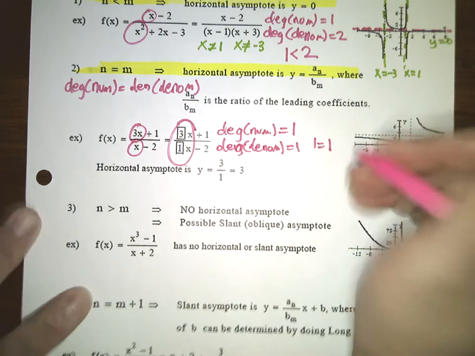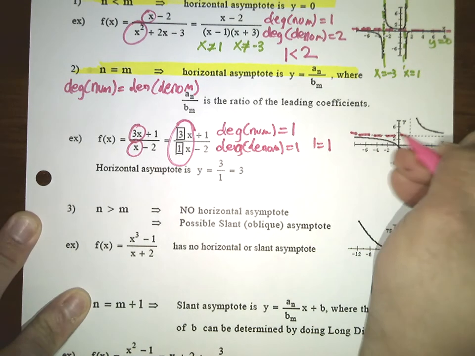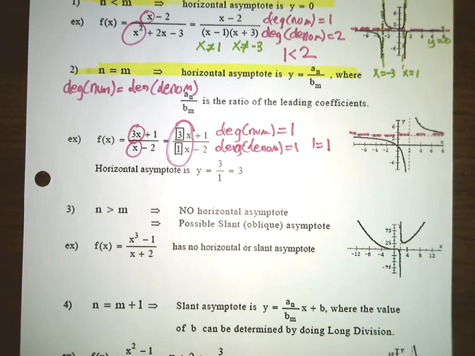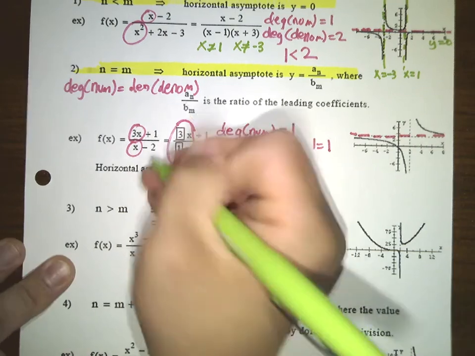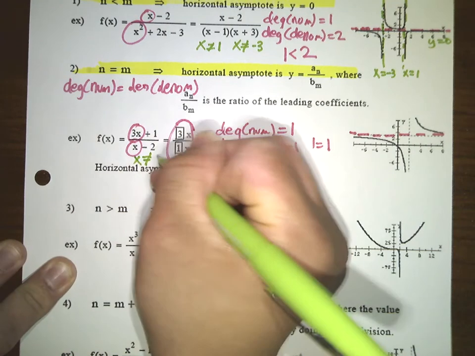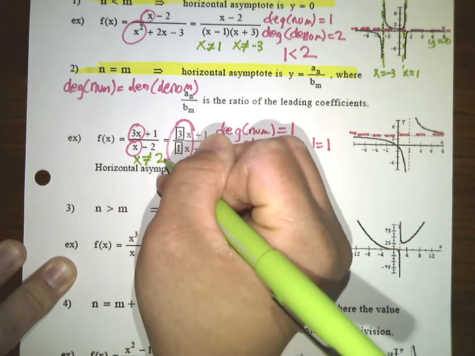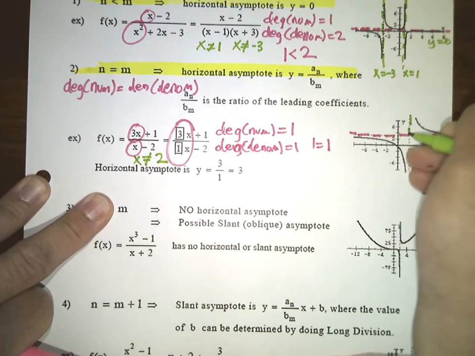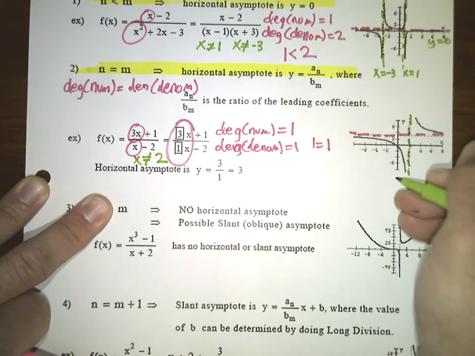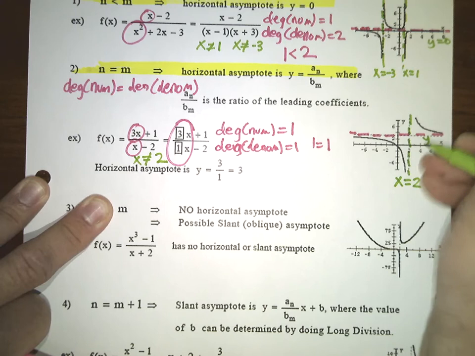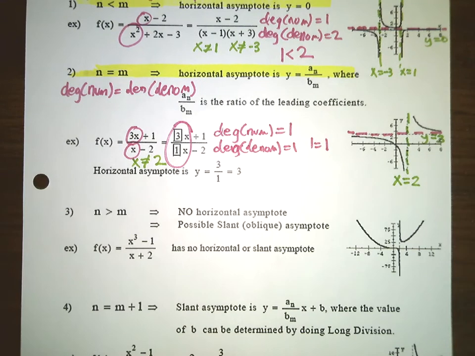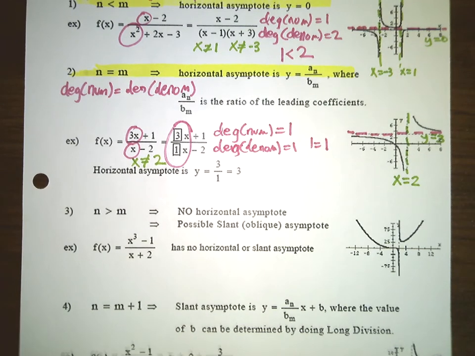So you can see that right here, y equals 3, but then I also knew that this denominator could not equal 0, so x could not equal 2. So here is the vertical asymptote, so there's x equals 2 and y equals 3. Those are the two asymptotes for this function.